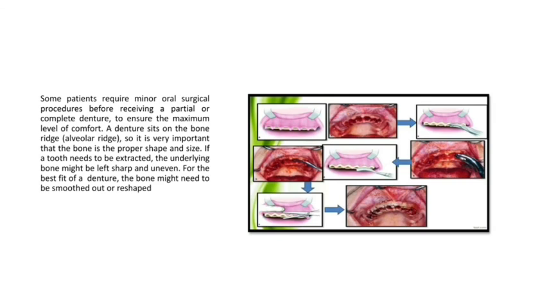If a tooth needs to be extracted, the underlying bone might be left sharp and uneven. For the best fit of the denture, the bone might need to be smoothened or reshaped.